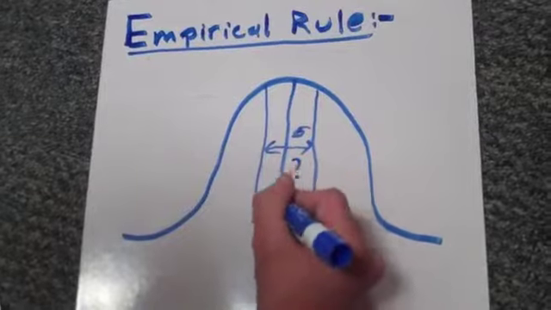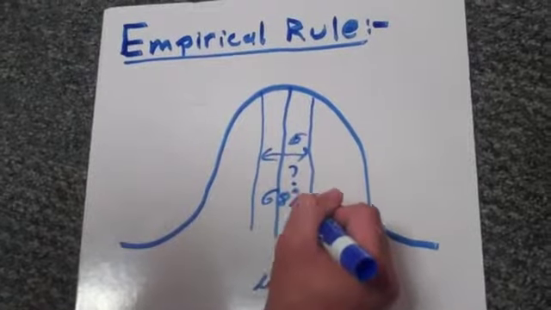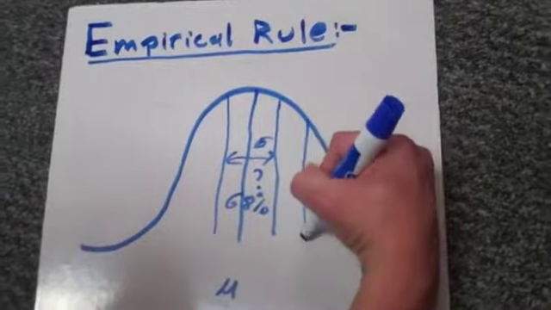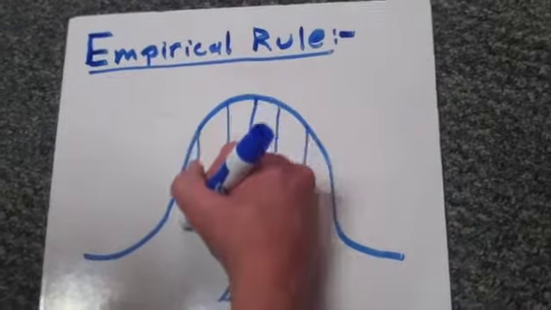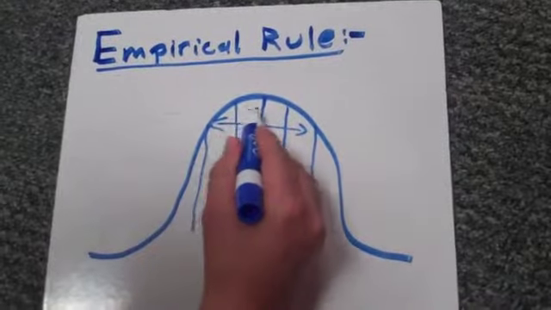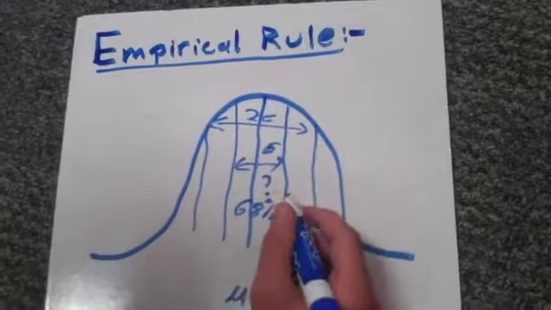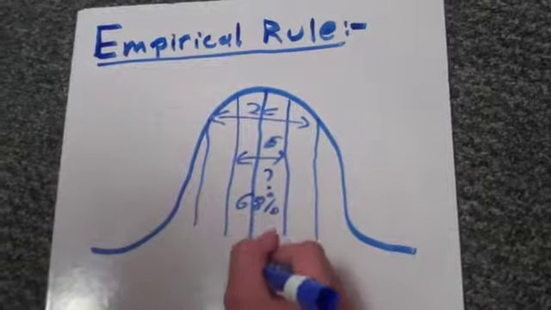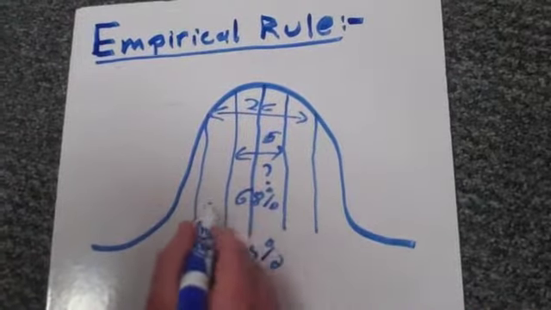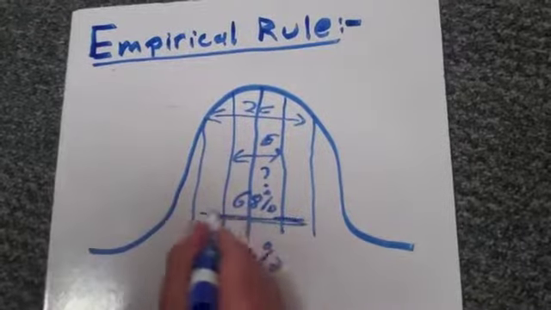That's 68% of our data. If you got that right, good job. And between 2 standard deviations of our data, we will have 95% of our data, which will be basically all of this right here.